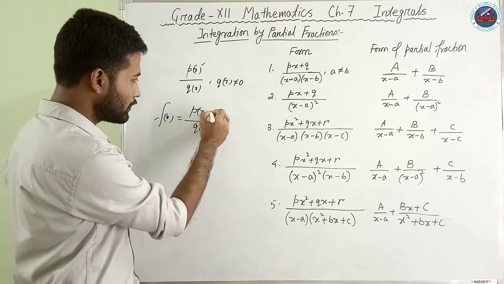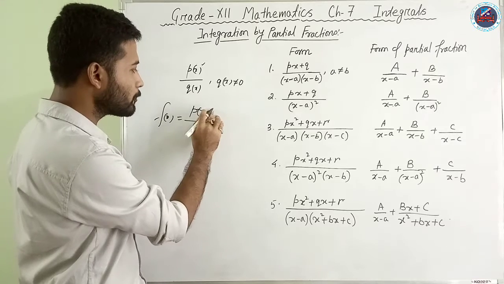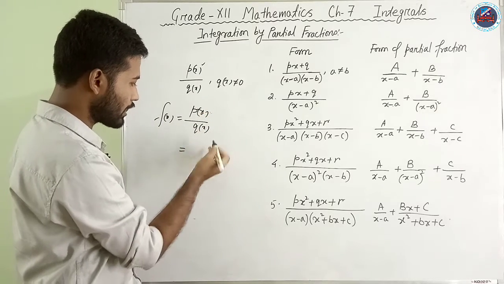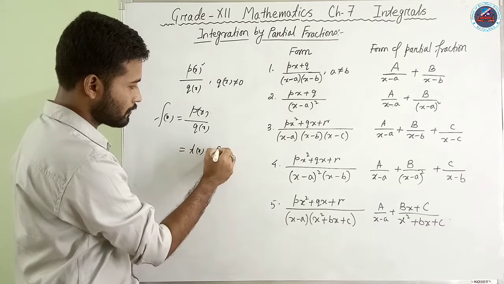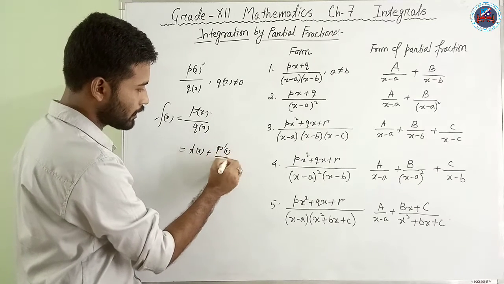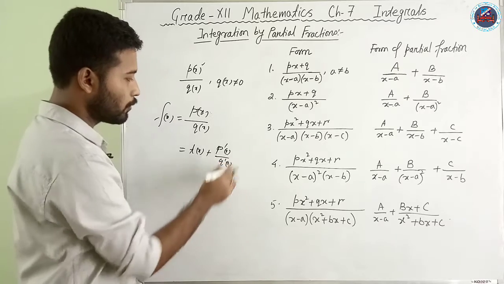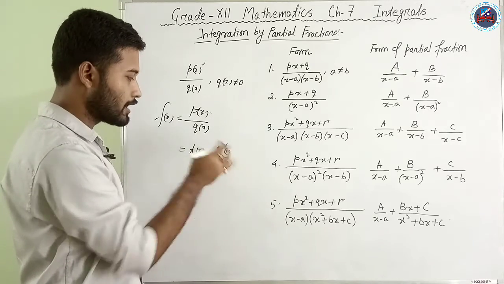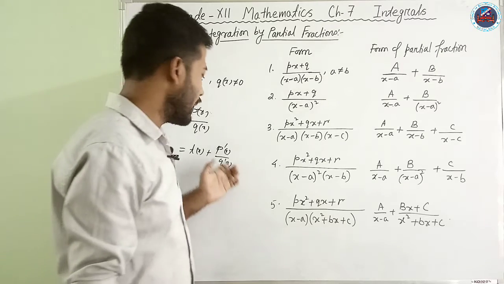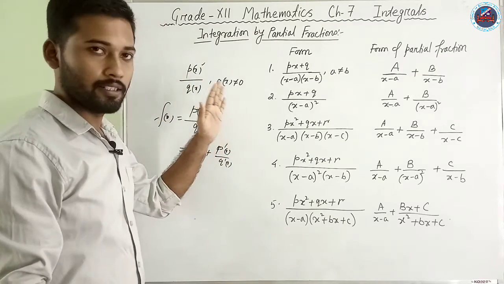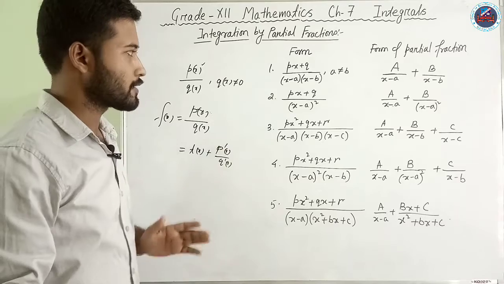If the degree of p(x) is bigger than q(x), then we shall write it in the form t(x) plus p dash x by q dash x, where the degree of p dash x will be less than the degree of q dash x. If it is in the proper form, then it's fine.